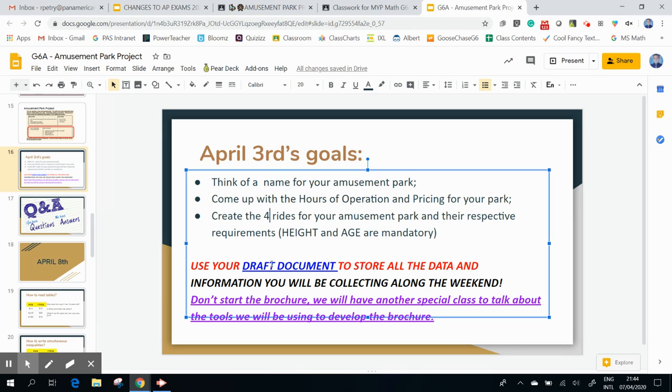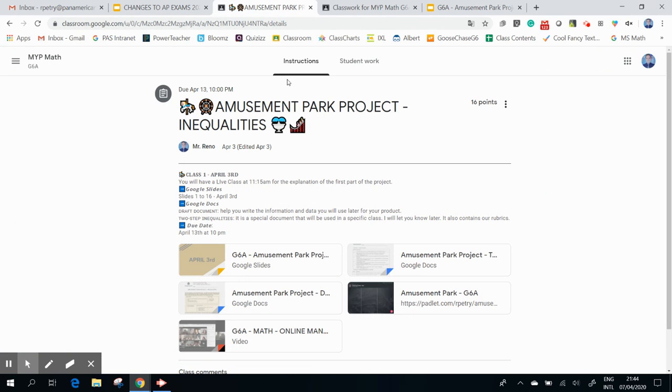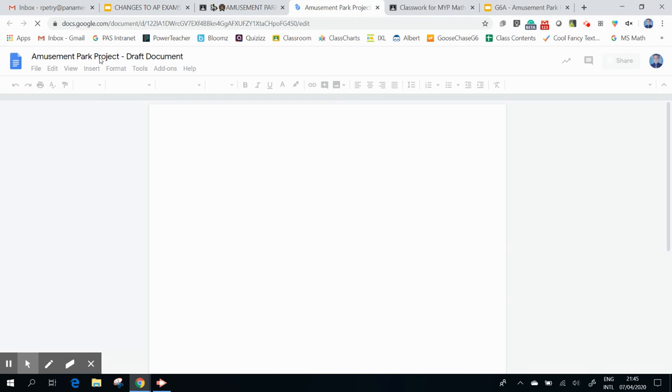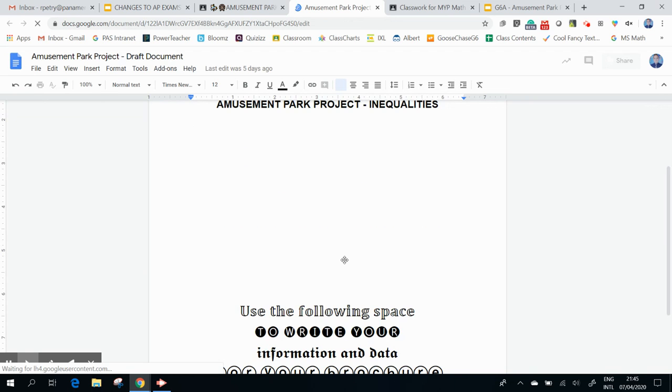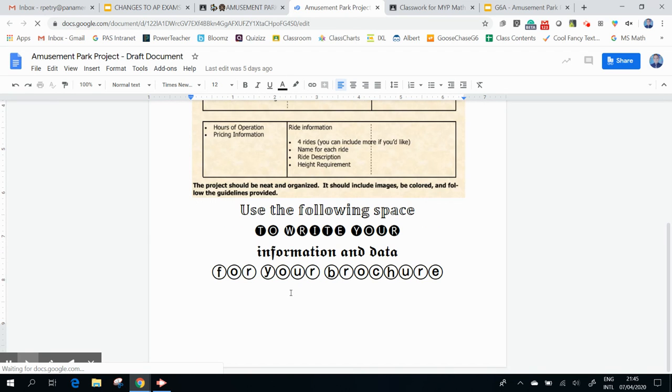And this info should have been written in your draft document that is in our amusement park project post, which is this document here. It's called Amusement Park Project Draft Document, which is written here. Use this following space to write your information and data for your brochure.